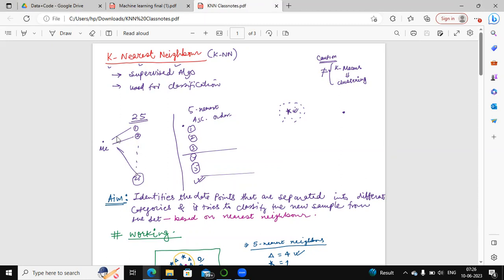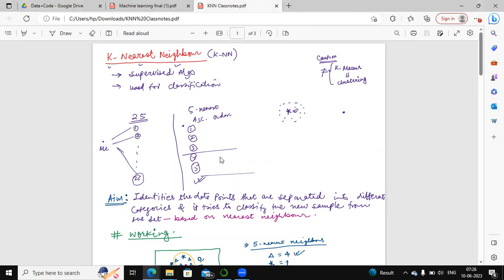You calculate the distance of the 25 nearest houses. Then your algorithm wants you to find the five nearest houses in ascending order of distance.